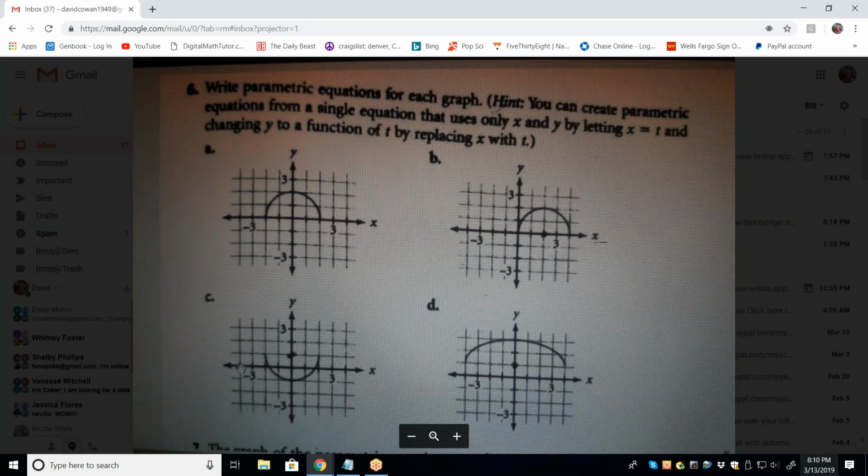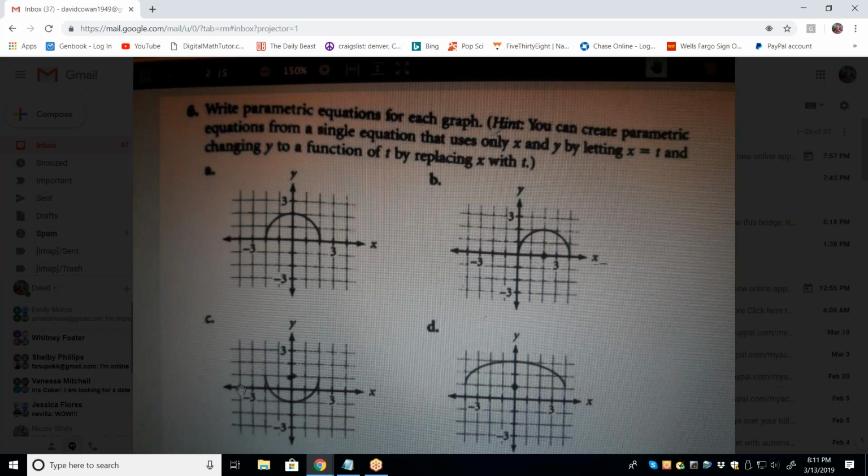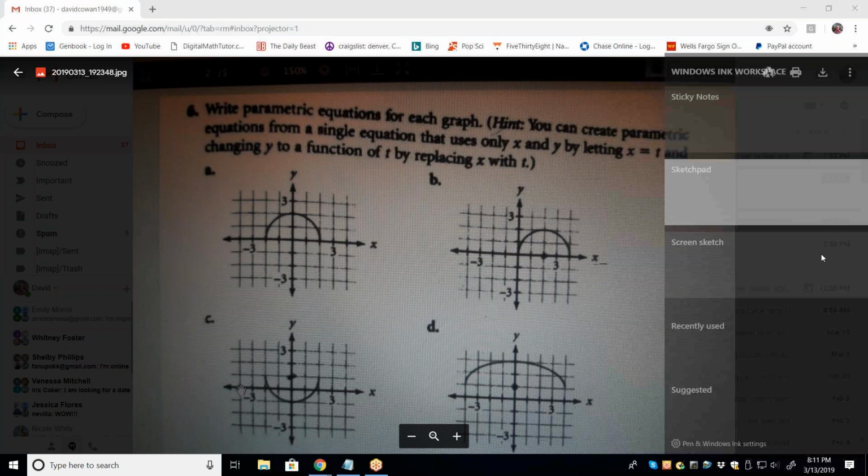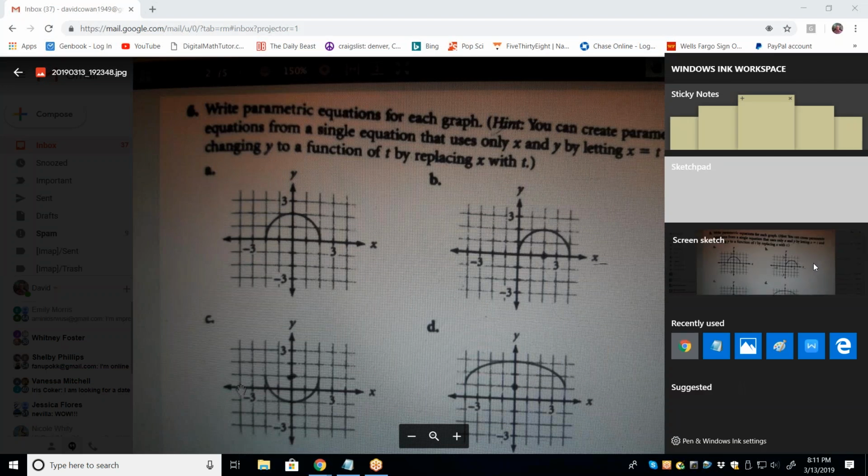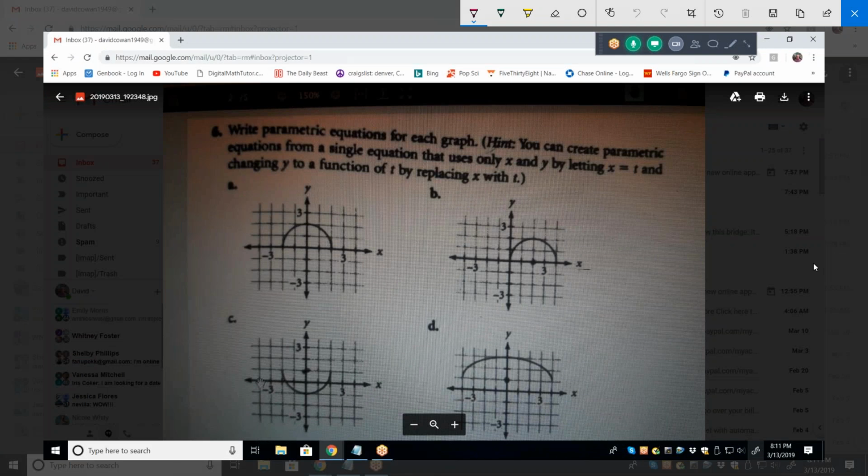Well, let's think about this for a second. We're looking at the upper half of a circle. Now, if I wanted the equation of that not being in parametrics, well, I know that the circle at the origin has this equation.